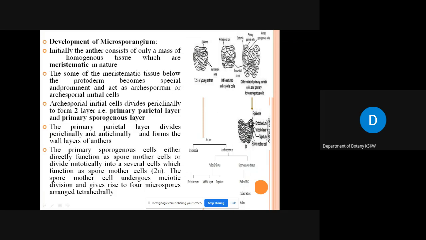Whereas the primary sporogenous cells function directly as spore mother cells, or they divide mitotically, increasing in number, and then function as spore mother cells. The spore mother cells undergo meiotic division, giving rise to four microspores arranged tetrahedrally. So each pollen mother cell or spore mother cell gives rise to four microspores which are arranged tetrahedrally.